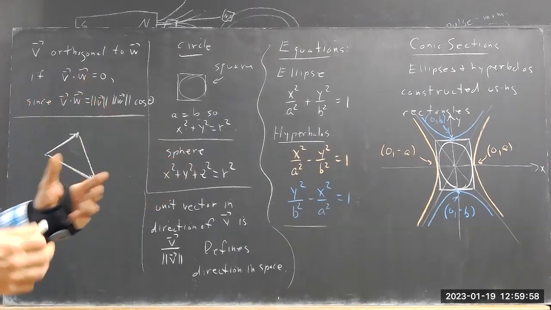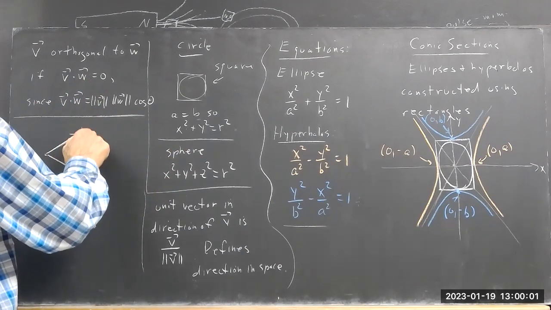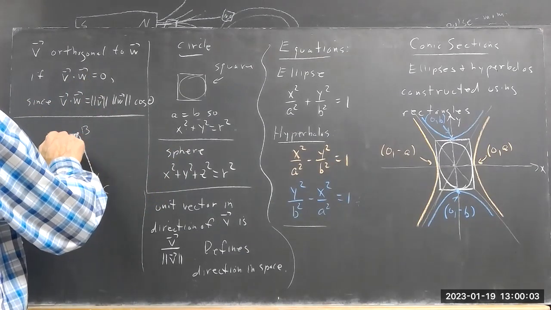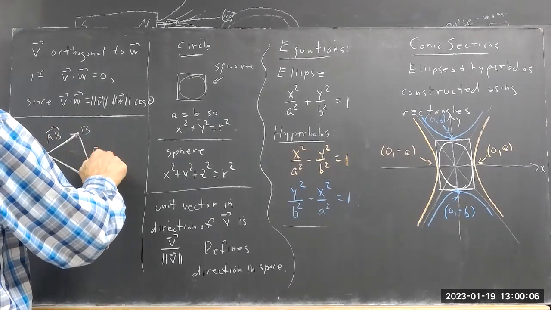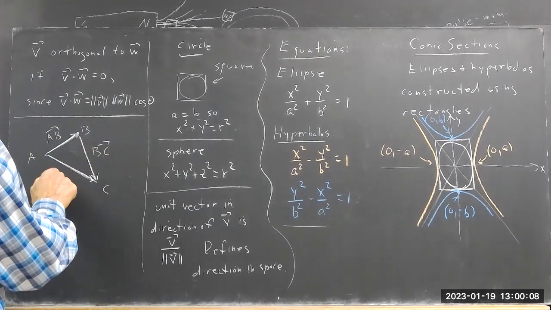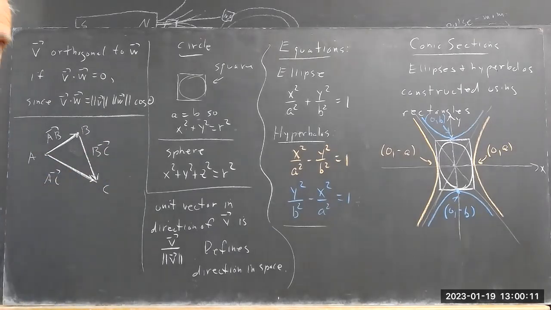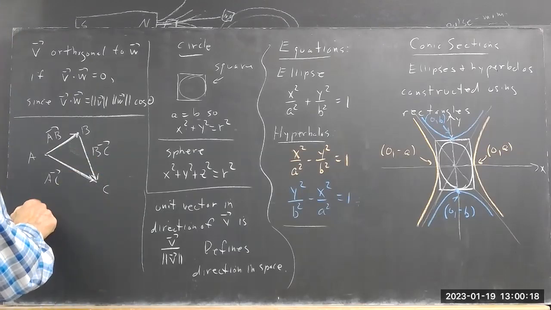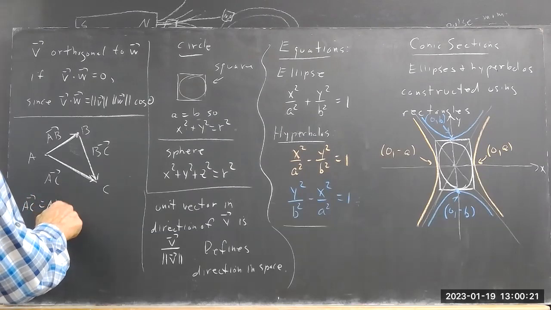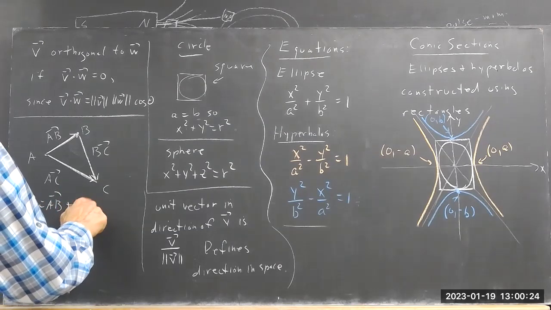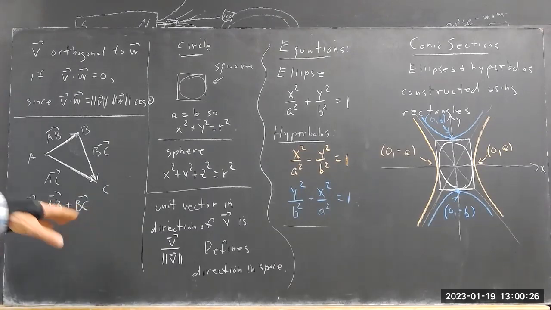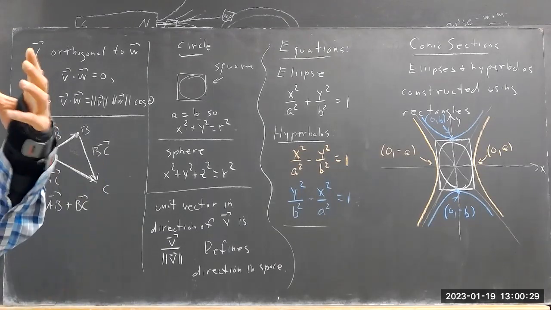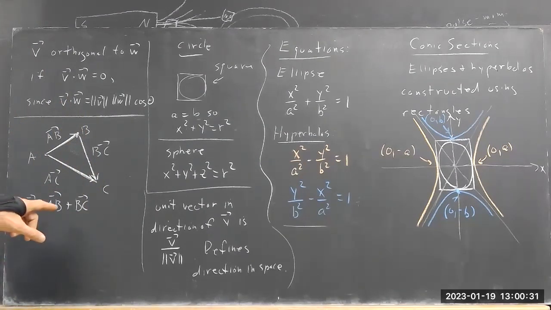So you have here A, here B, here C, and here the vector AB, the vector BC, and the vector AC. Incidentally, AC equals AB plus BC, right? Make sure you understand why. It should be totally obvious, but it depends on what you came in with. Okay, AC equals AB plus BC, as vectors.